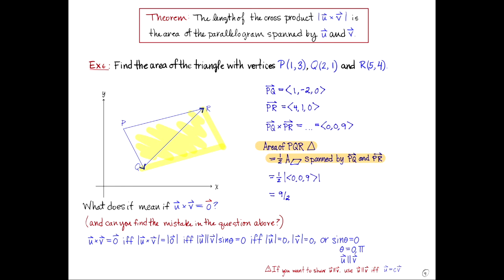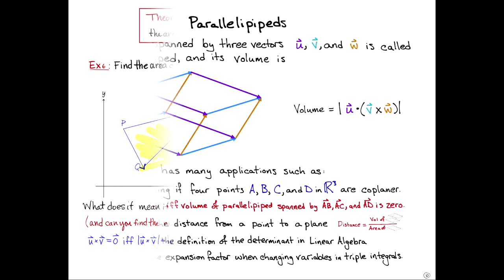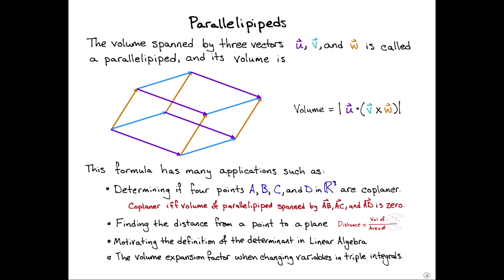If we can use vectors to find the area of a parallelogram, can we scale that up to volume? The volume spanned by three vectors, u, v, and w, is called a parallelepiped, and its volume is the magnitude of the dot product between u and v cross w.